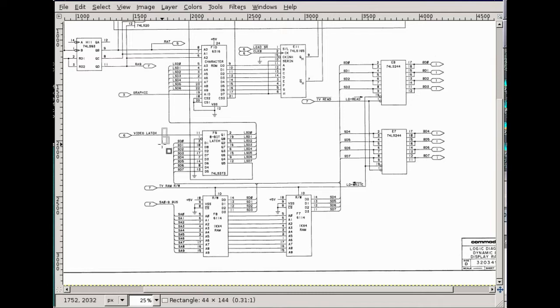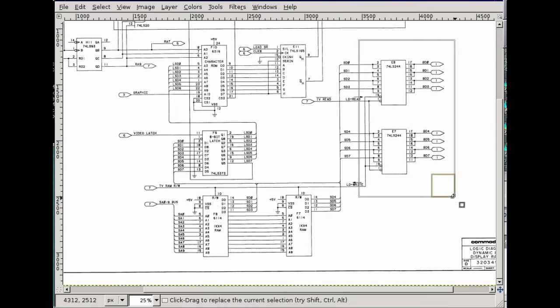We can start having doubts about this data bus, the screen data bus, that is derived from the video RAMs and from the CPU side, from these two buffer drivers that connect the screen data bus to the CPU data bus when it's needed.